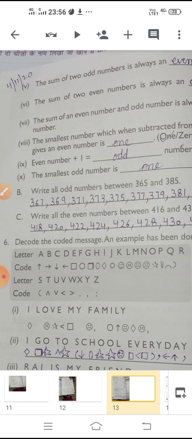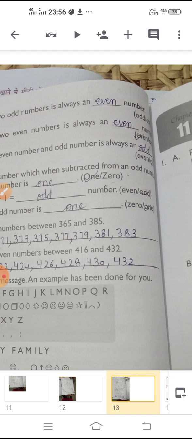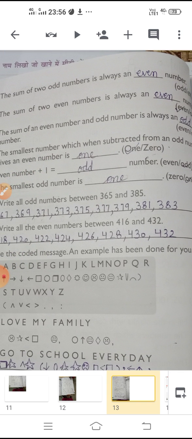Now, if the smallest number, that is 1, is subtracted from an odd number, it will always give an even number.